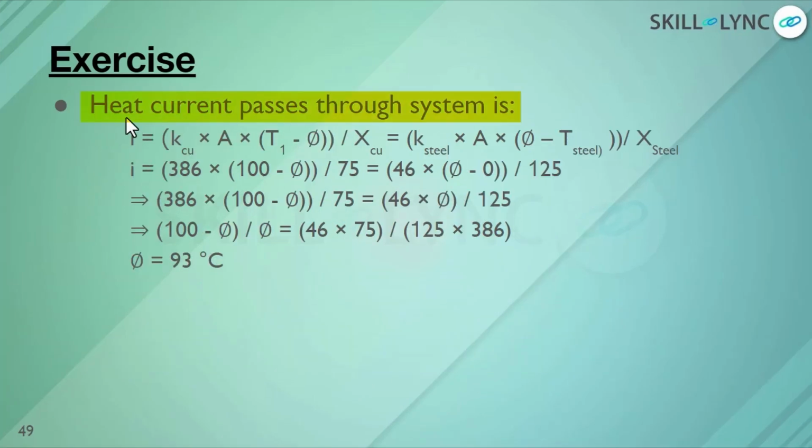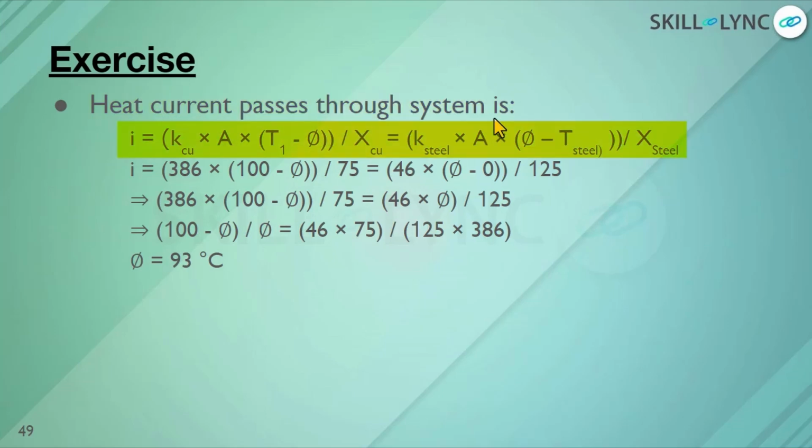The heat current passing through the system, I, is equal to the thermal conductivity of copper times the area of cross section of the copper rod times the temperature at one end of the copper rod minus the temperature at the junction of the copper and steel rod, divided by the length of the copper rod.